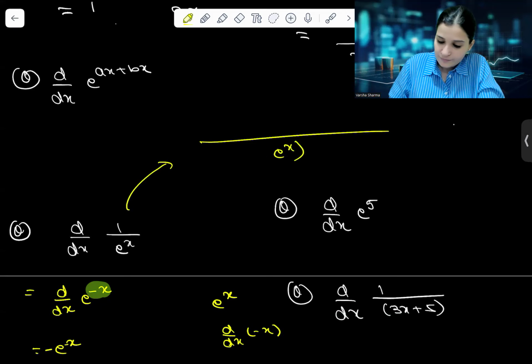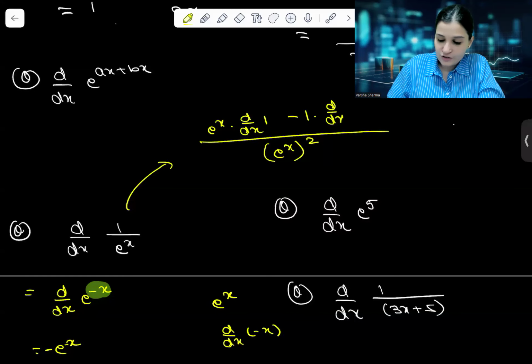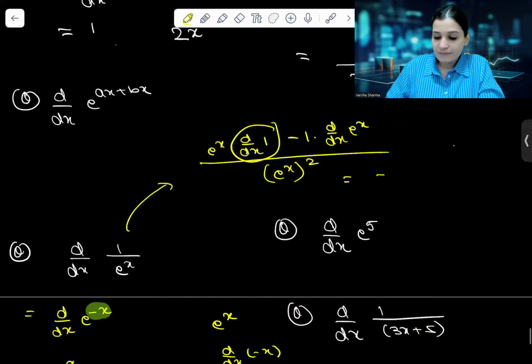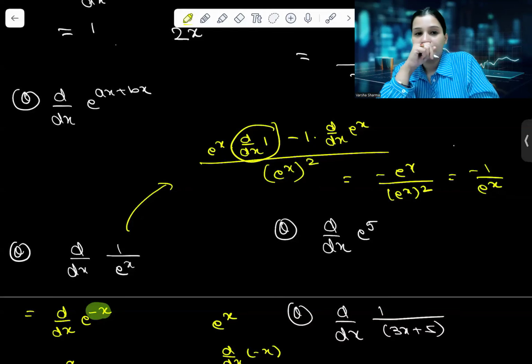Denominator square, I'll leave the denominator, differentiation of numerator minus numerator into differentiation of denominator. Differentiation of 1 is 0, so I'm left with minus e power x by (e power x) whole square. One e power x gets cancelled.